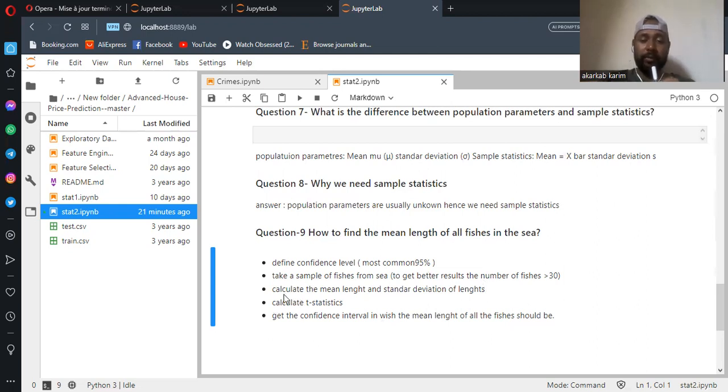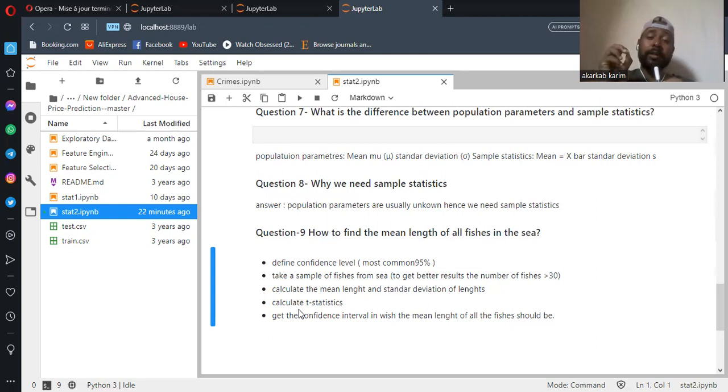Well, the third step here is to calculate the mean length and standard deviation of lengths. I mean, we take a sample, and we calculate the mean each time for each sample we have here. Okay, we calculate the mean and the standard deviation. And the fourth step here is calculating the test statistics. Why?